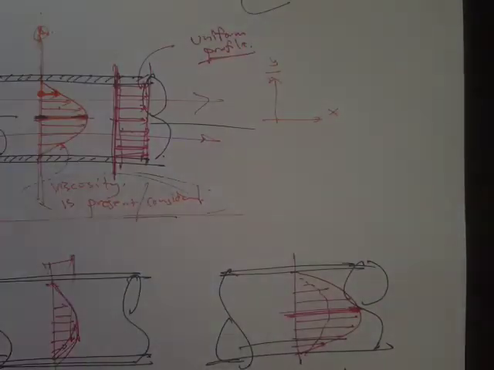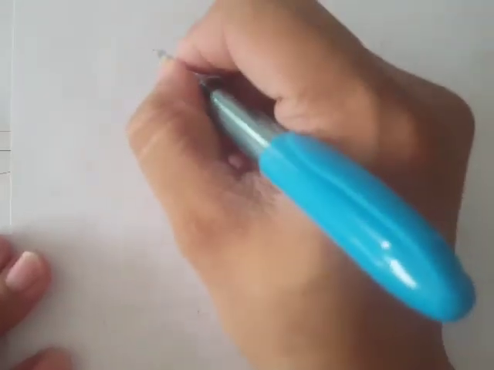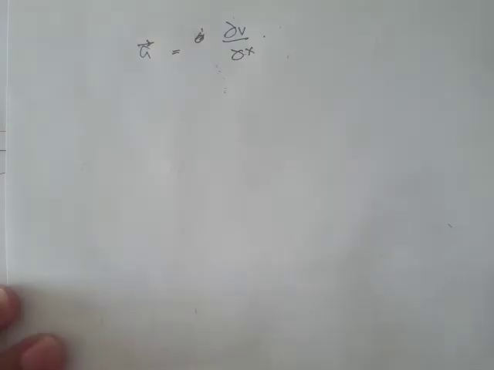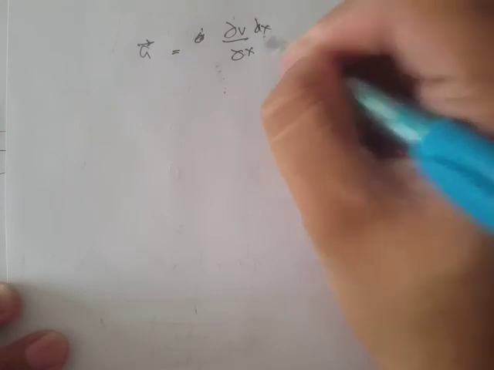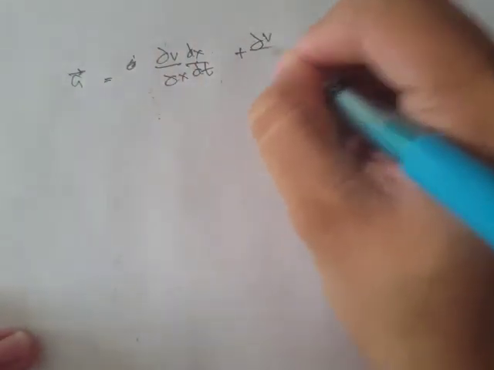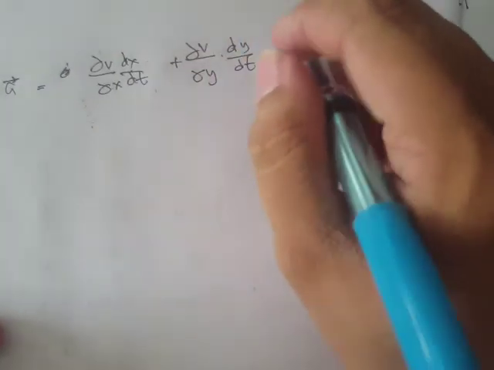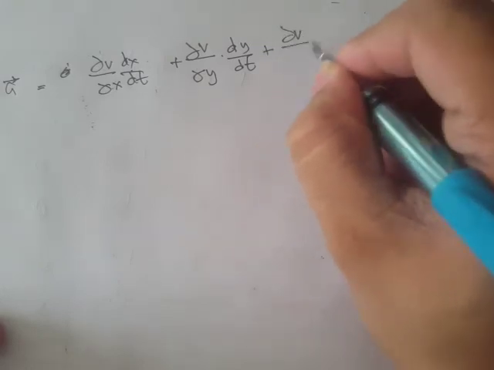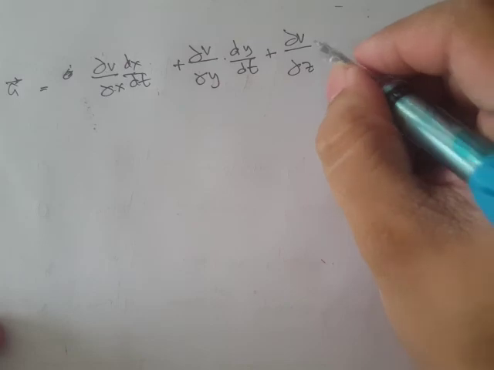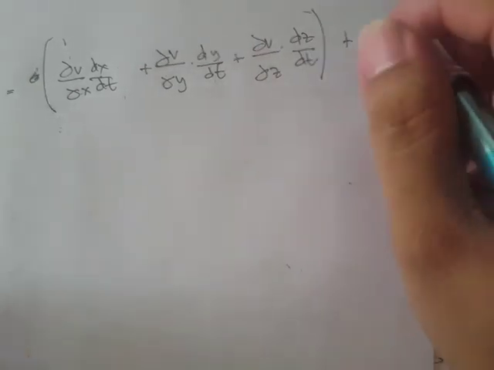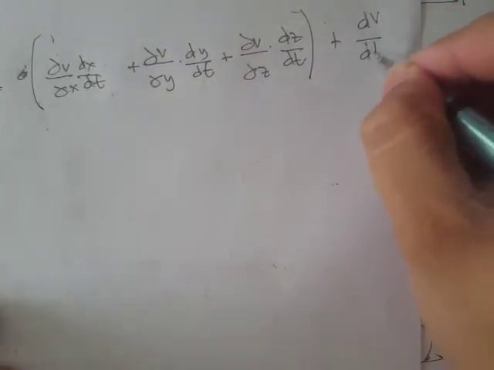Therefore, if we want to write the mathematical expression for the acceleration vector, we have the partial derivative of v with respect to x times dx dt, plus the partial derivative of v with respect to y times dy dt, plus the partial derivative of the velocity with respect to the z-axis times dz dt, plus the local acceleration, which is dv over dt.